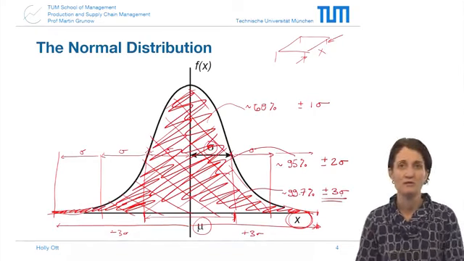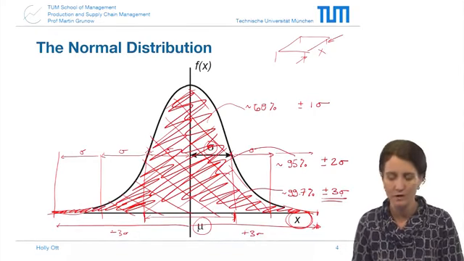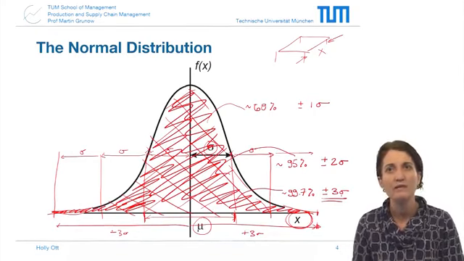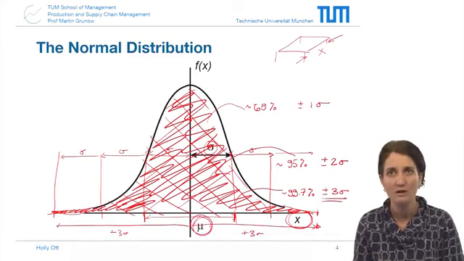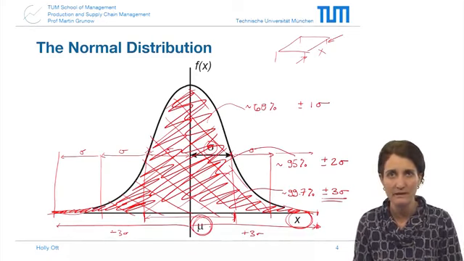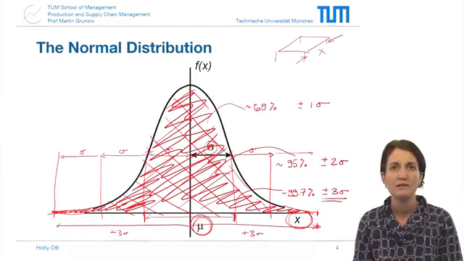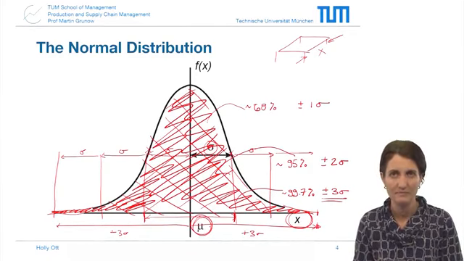This means that almost all of our tabletop lengths, even though they can never all be exactly on the mean length, will be within 3 standard deviations of the mean.